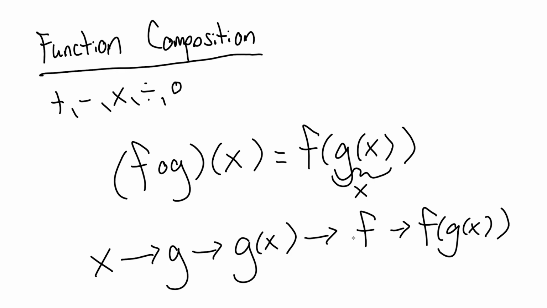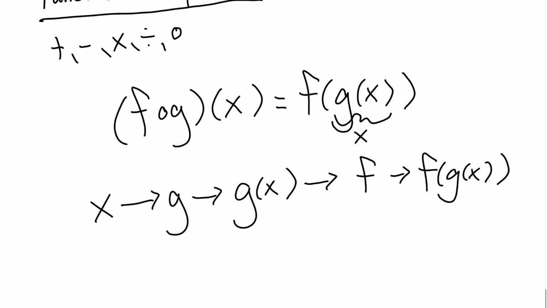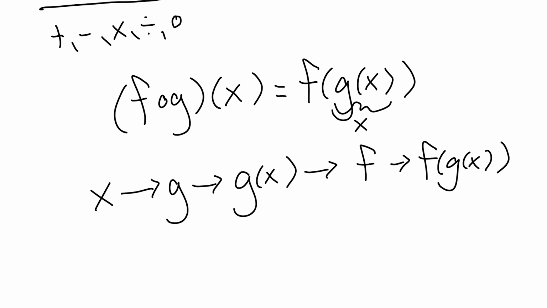That output goes into f, we call that output f of g of x, and this is our new function. So we can do this with individual numbers, as we can see here following this path, or we could do it with the entire function. I prefer this right-hand notation, just writing f of g of x. There is this open circle notation as well, which is also very common, so they're both good to be aware of.